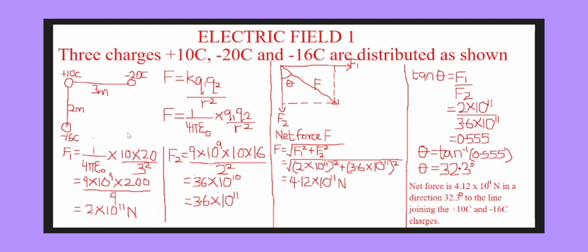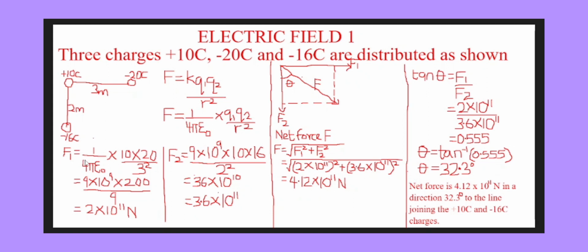In doing this, the first thing we need to do is to get the force of attraction between the plus 10 Coulomb charge and the minus 20 Coulomb charge. Let's represent that force with F1.